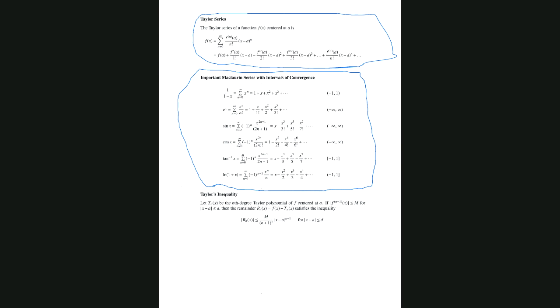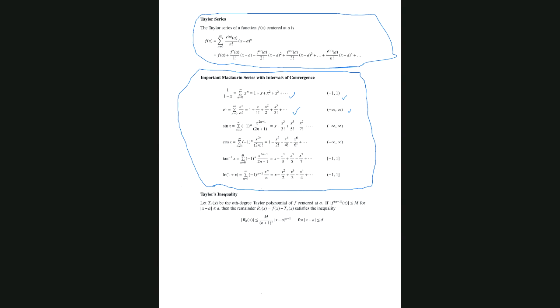It comes after example 9. All right, what you have here are 1, 2, 3, 4, 5, 6 very standard functions along with their Maclaurin series for each function. And then intervals of convergence.